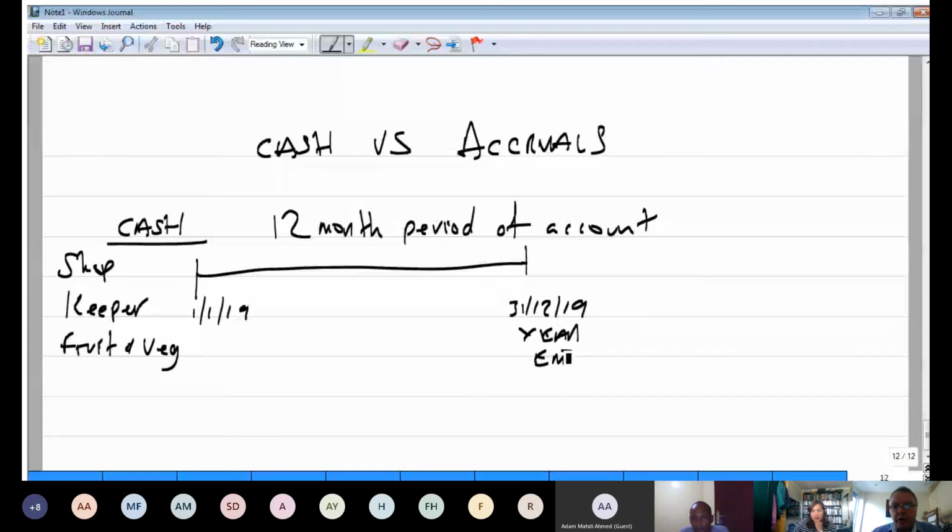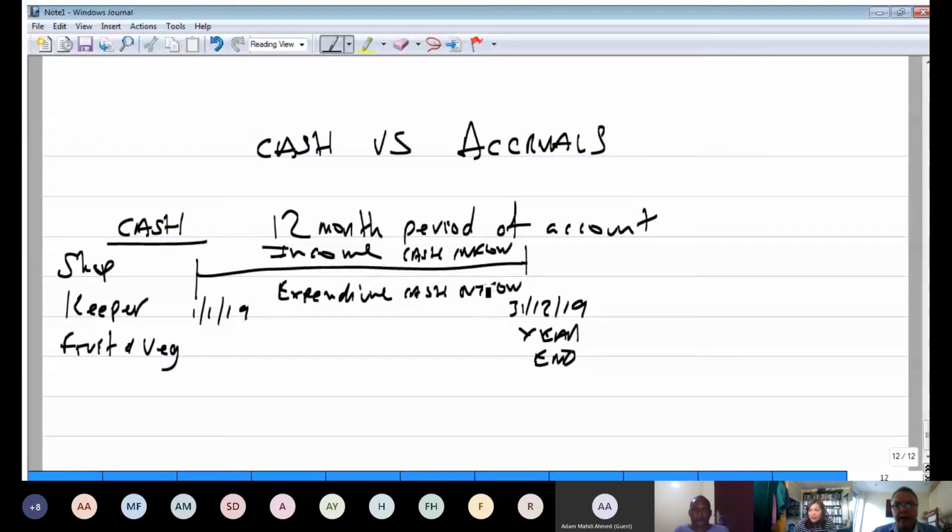Okay, so when you're doing your bookkeeping and working in the ministry, you're working to a period like this of 12 months. So from that perspective, then there has to be the income and the expenditure. Remember, we said the cash inflow and the cash outflow.